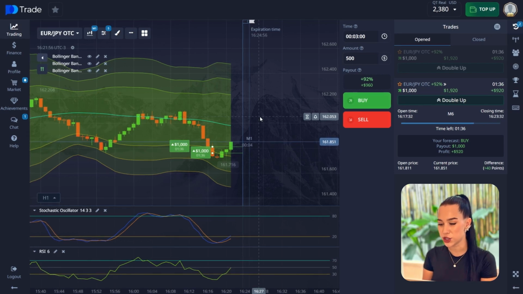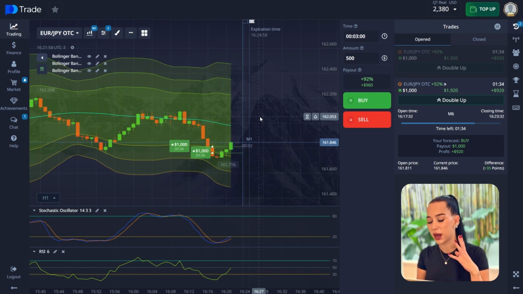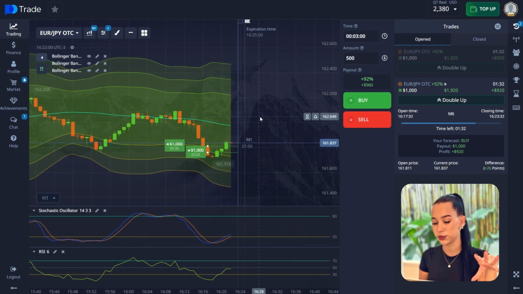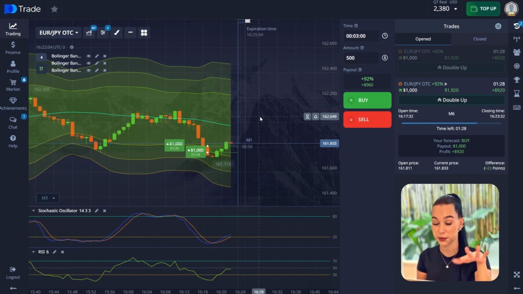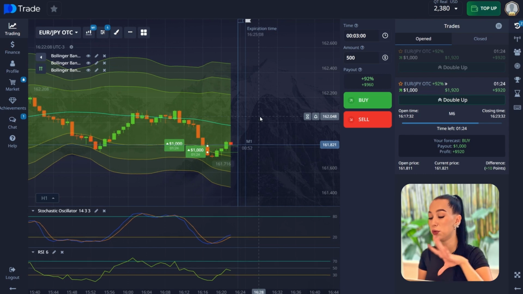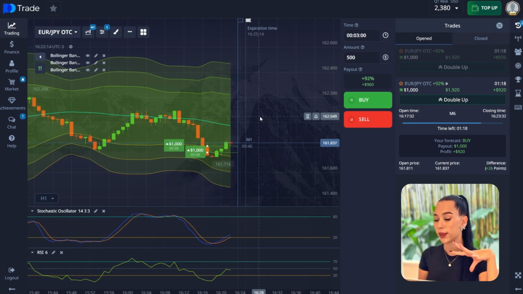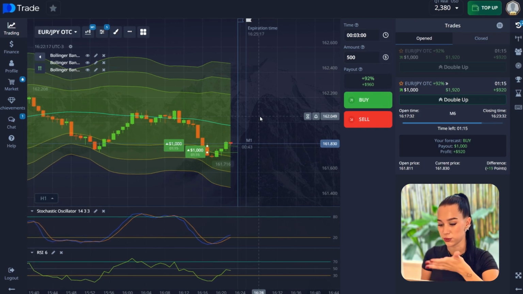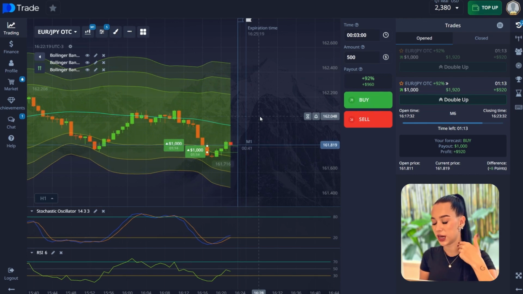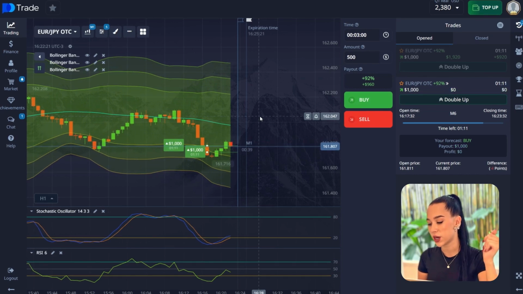But in this situation, I think I told you already, as beginners it's better if you trade with a longer expiration time here, at least, for example, 5 minutes, 6 minutes, maybe even 10 minutes, because that's how you can avoid and minimize your risks from corrective candles, flat, and all of this. That's why I also do a rollover here, and I just add extra time to my trades.